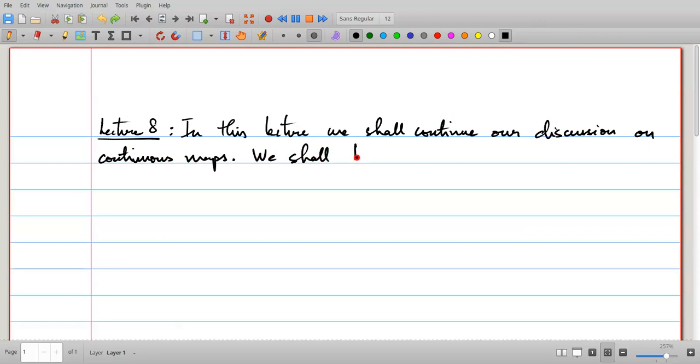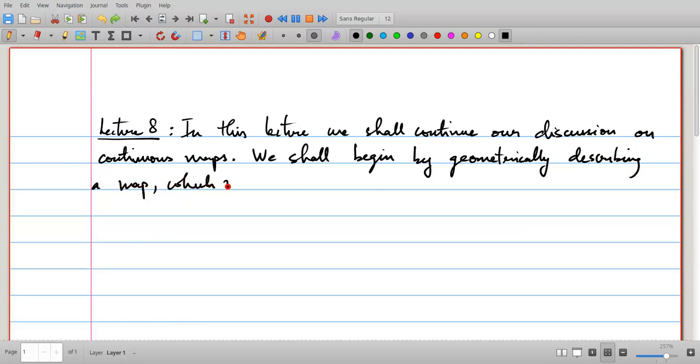We shall begin by geometrically describing a map which we want to prove is continuous.